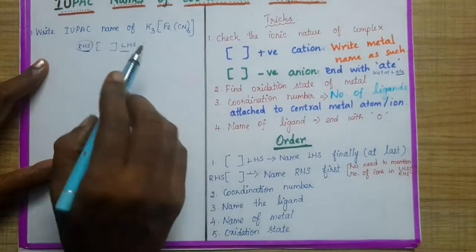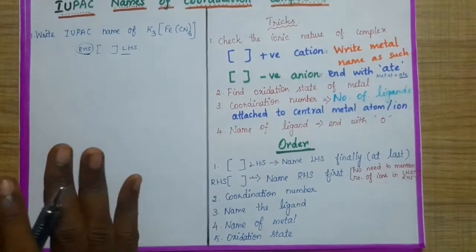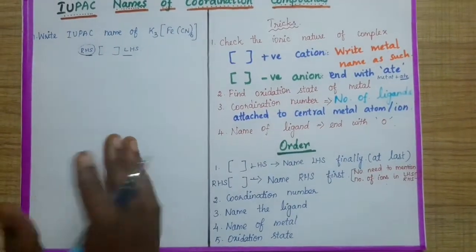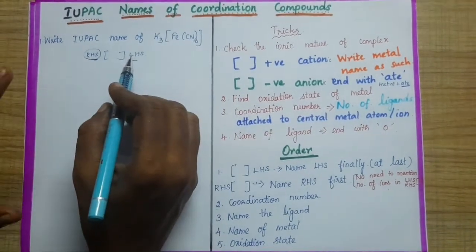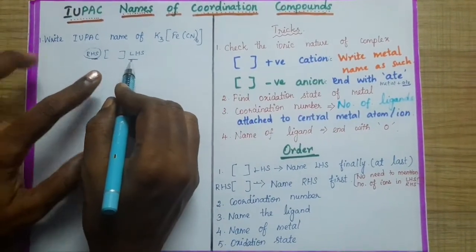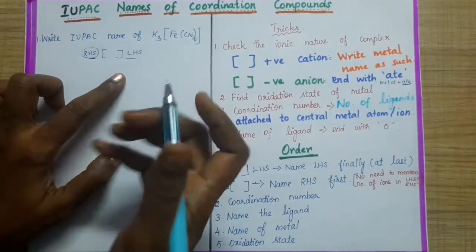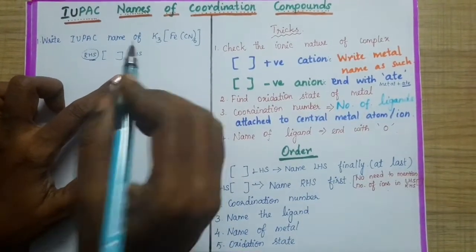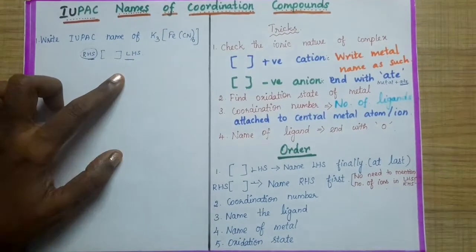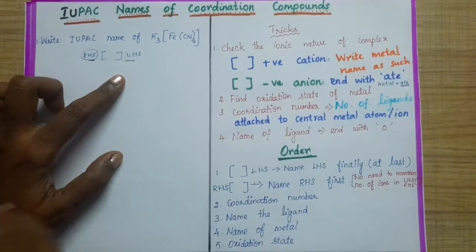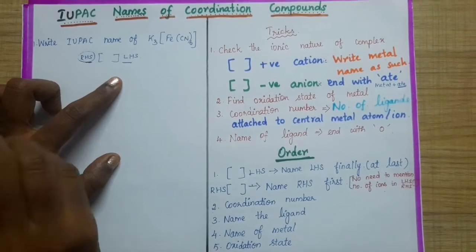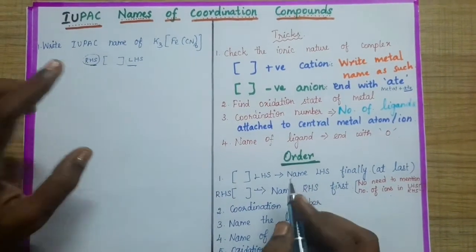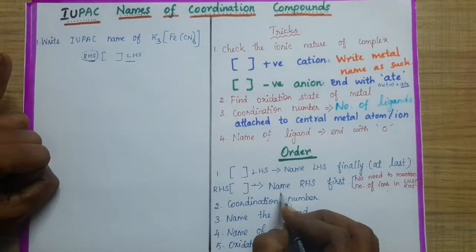For example, if I have 3 potassium, I should not say tripotassium like that. You can say just potassium, it's enough. Likewise, outside this square bracket, if there are some more ions present on the left hand side, for this left hand side also, you need not mention the number of ions. You can say just the ion which is present. That's enough. Okay. So this is the first order you have to remember.